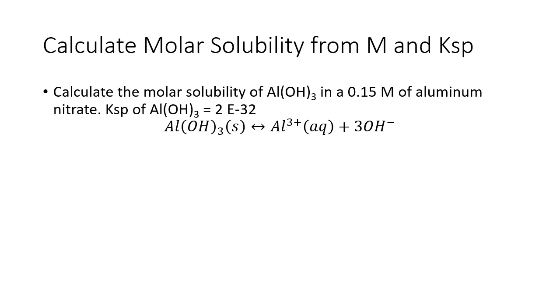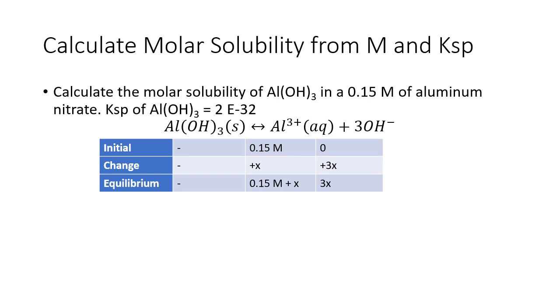we start out with our equilibrium equation. We've got aluminum hydroxide in equilibrium with Al3 plus and 3 OH minus. We set up our ice table, and we know that we're going to have 3 times as much hydroxide as we have aluminum from the same amount of aluminum hydroxide. So we don't bother with the initial concentration of the solid because it doesn't matter in the equilibrium expression anyway.